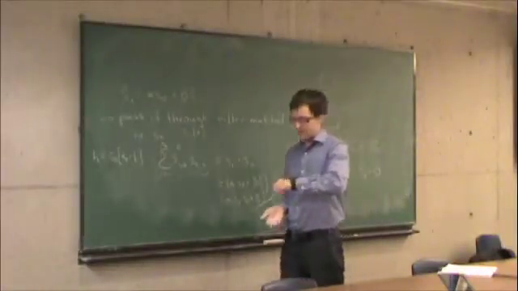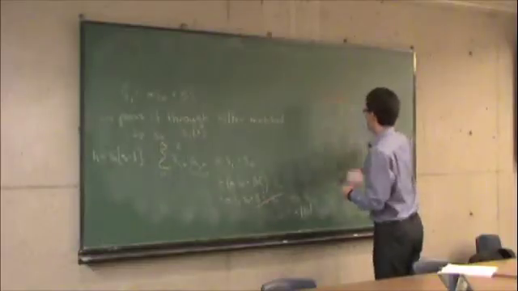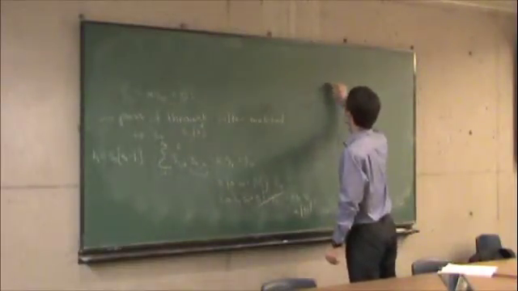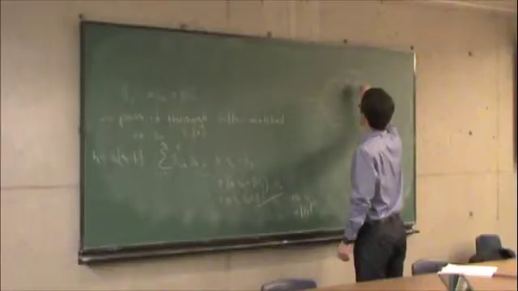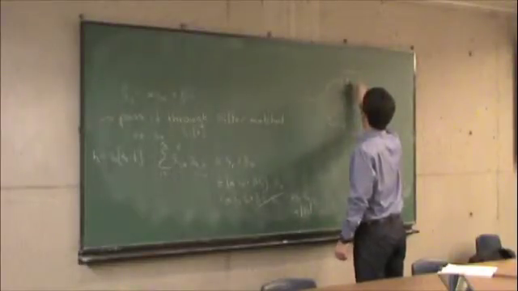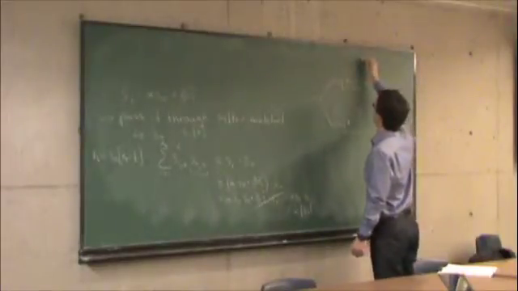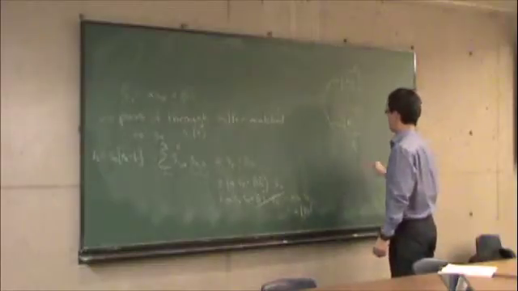But what if instead we did this? Instead, we have two matched filters. Let's call them H0 and H1, where H0 is matched to S0, and H1 is matched to S1 hat.